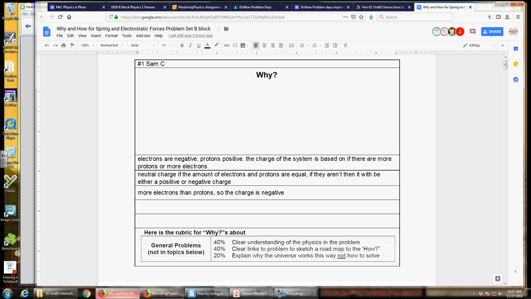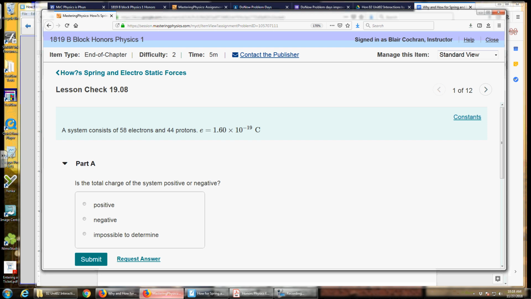Electrons are negative, protons are positive. In my case, I have more electrons than protons, so I'm expecting a negative overall charge.